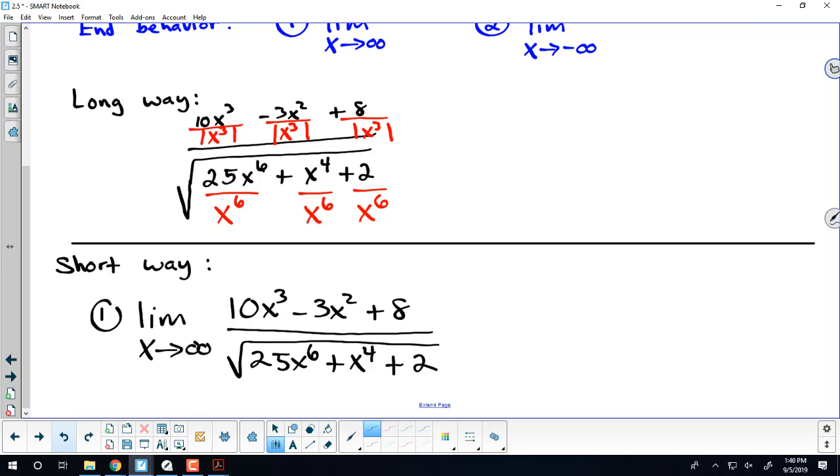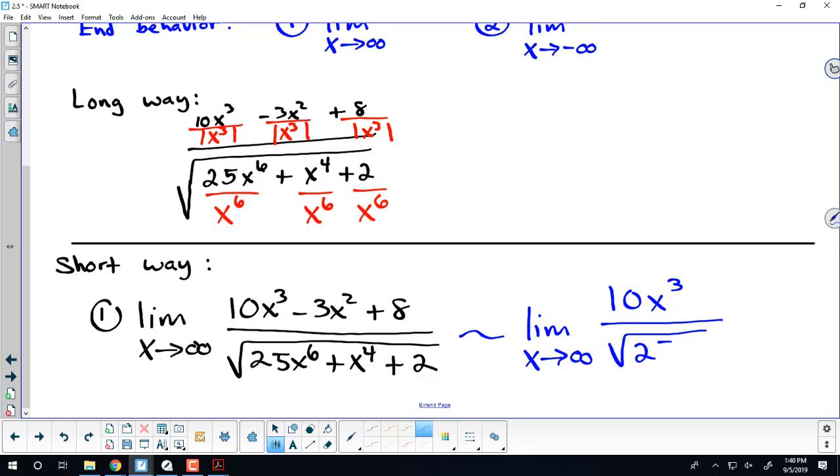So remember what we said previously when we were computing limits at infinity on rational functions. I can look at the dominating term in the numerator and the dominating term in the denominator. So as far as the limit goes, as long as we're computing the limit at infinity, this is equivalent to looking at 10x cubed over the square root of 25x to the 6th.